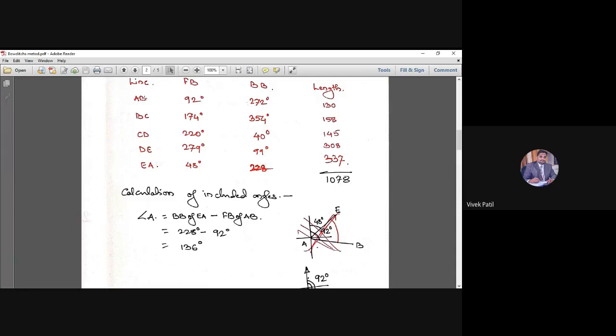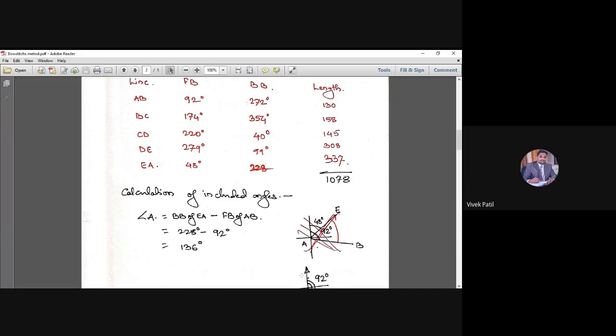Yes, sir. One is AB and another one is EA. So one is fore bearing of AB and another one is back bearing of EA, isn't it? Yes, sir.